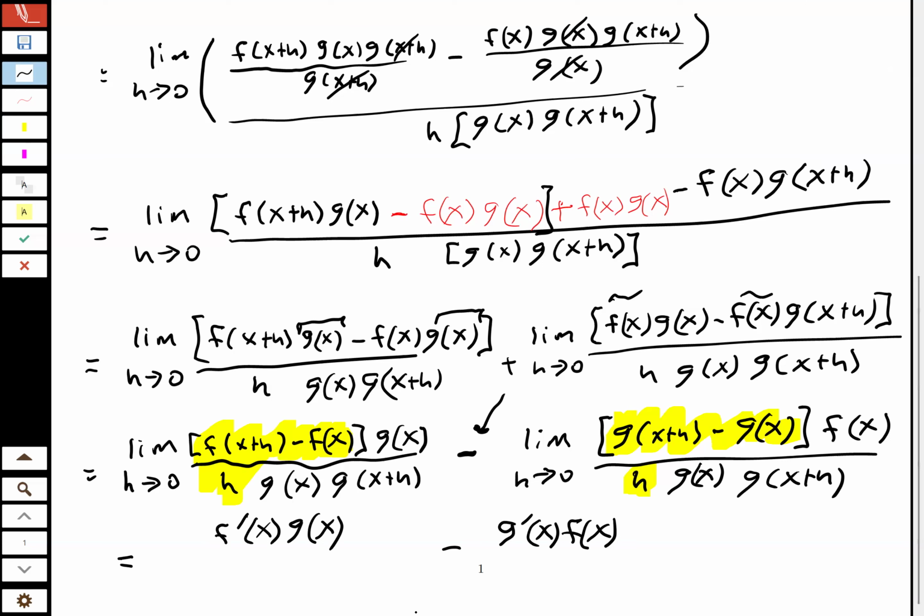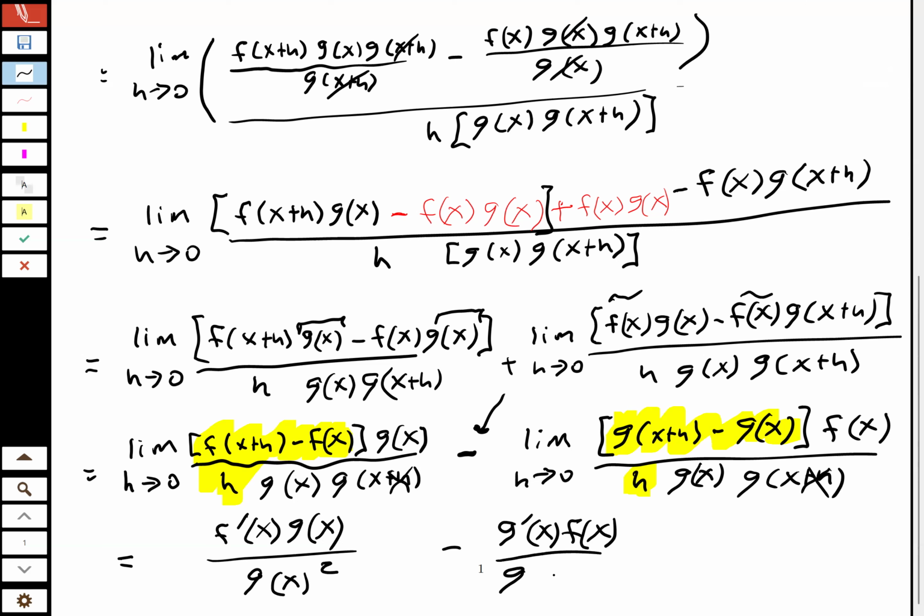And let's see what's going on at the bottom. I have g of x times, and if h is just going to 0, then that's x plus 0. That's just x. So I have g of x times g of x. I have g of x squared. Same here, g of x times g of x.